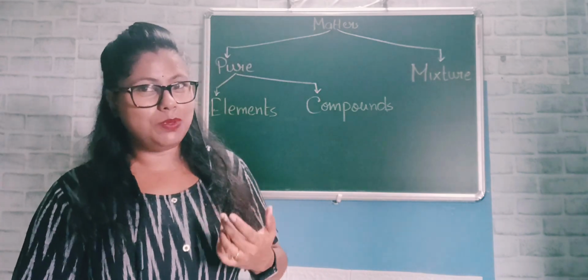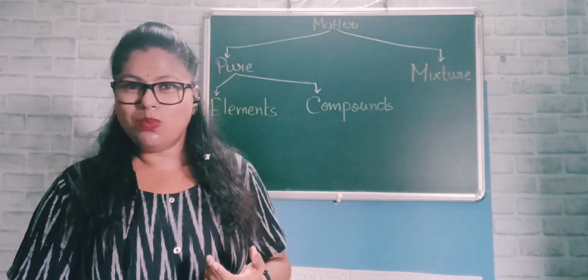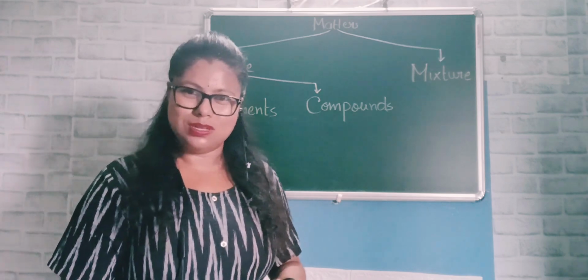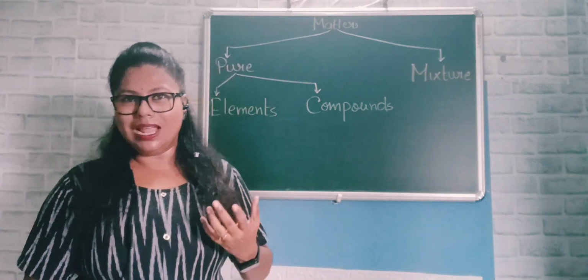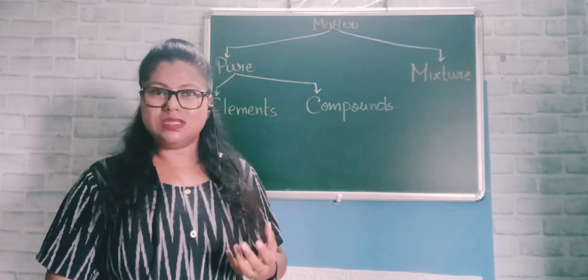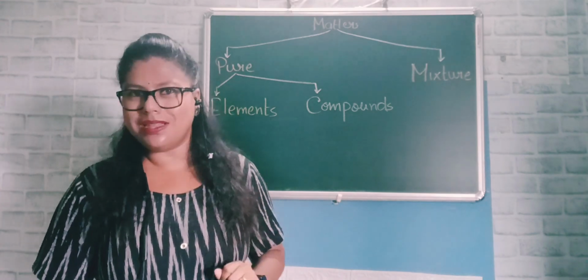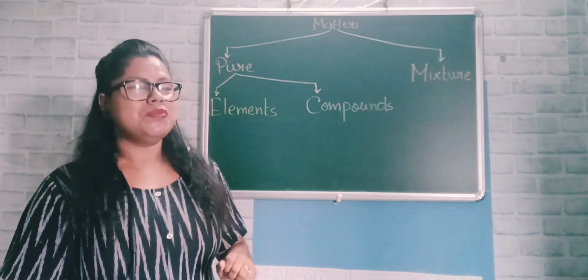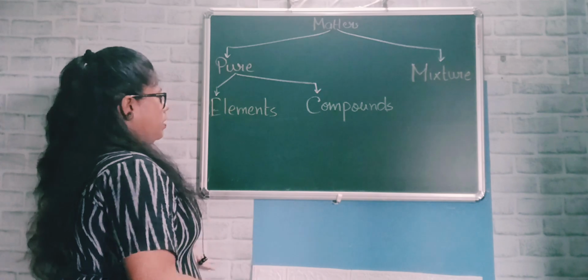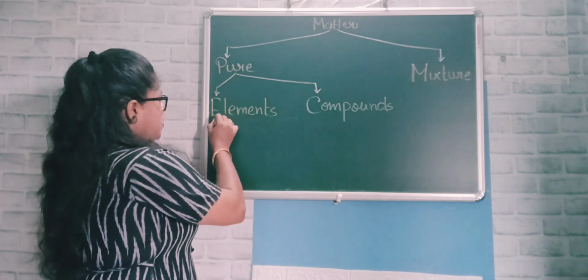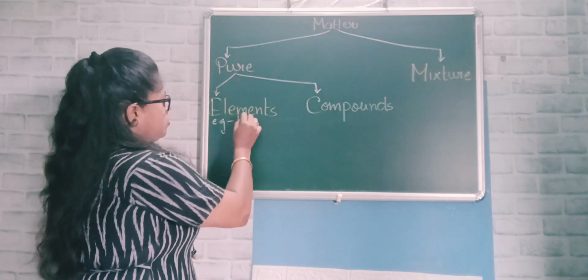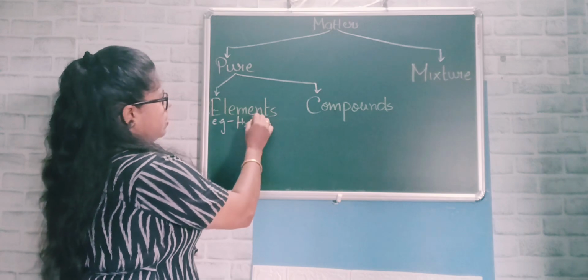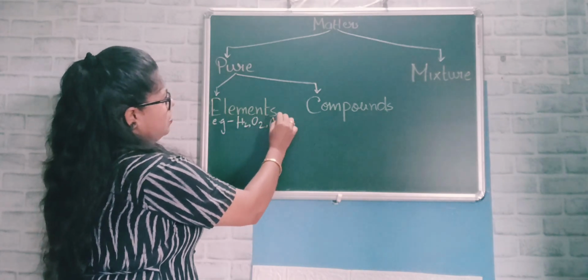If we talk about pure gold, this pure gold will be made up of only gold. So elements are substances which are made up of only one kind of atom. Okay? Some examples can be hydrogen, oxygen, aluminium, and several other things.